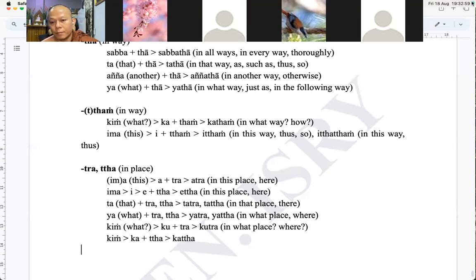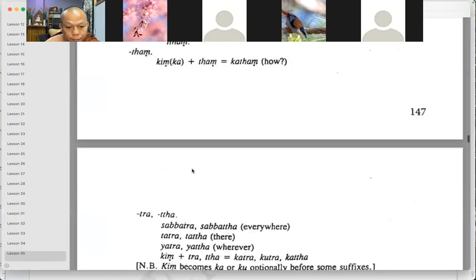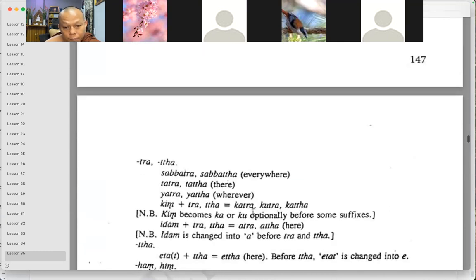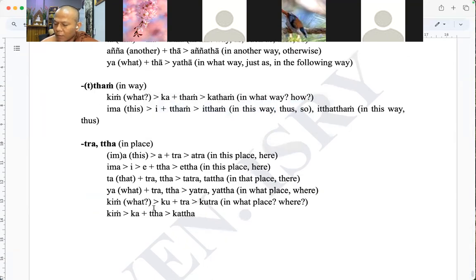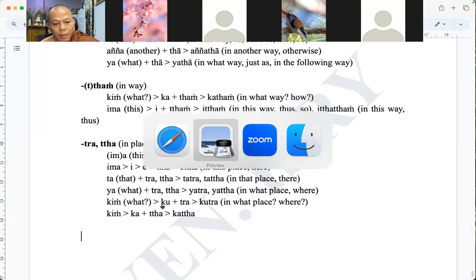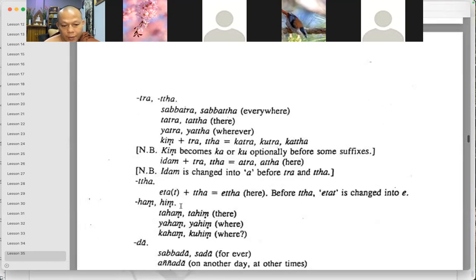And then next, Katara, Kutara, or Katara, yeah, Katara also. Katara is quite rare. Okay, leave that one. And then, the other suffix for place, yeah, hand, hey.